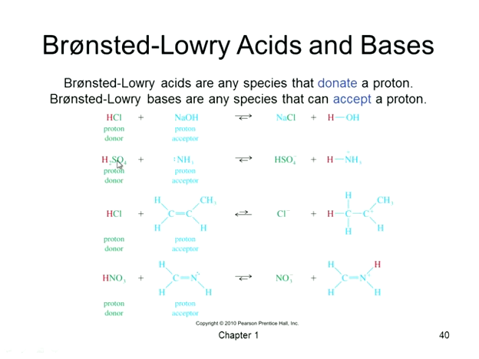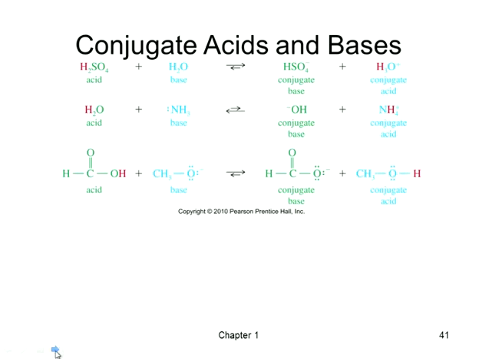So if this is an acid, that means after it's reacted, it's now the conjugate base. We said this one was the base, so after it reacts, it is now the conjugate acid. So they reverse roles there. Let me show you here. Do you see? We have H2SO4 again, and on this side, it turns to HSO4 minus. Okay, so do you see that's the conjugate?